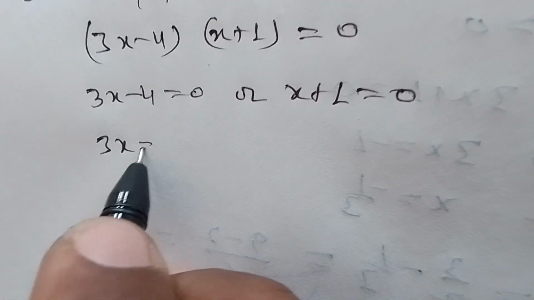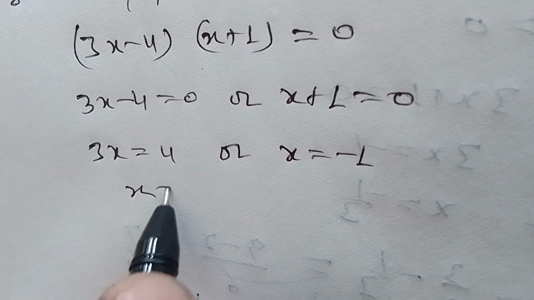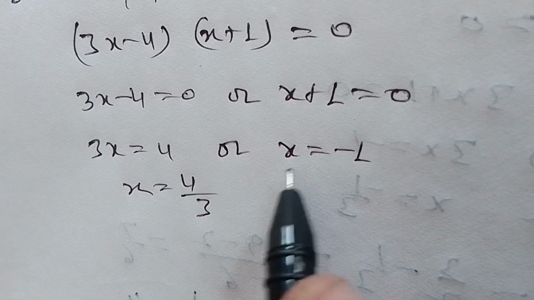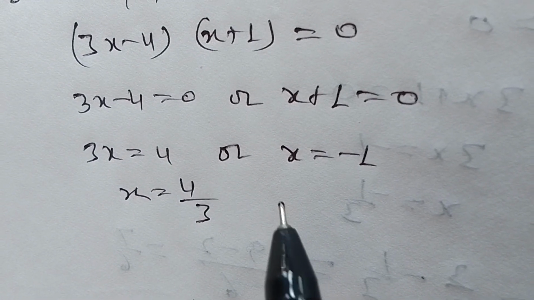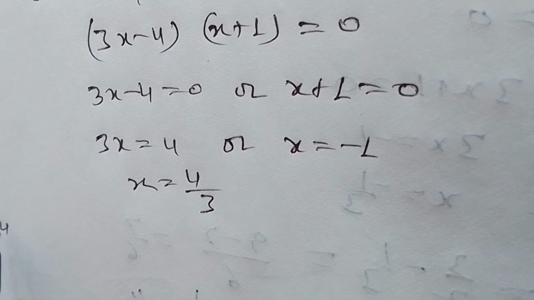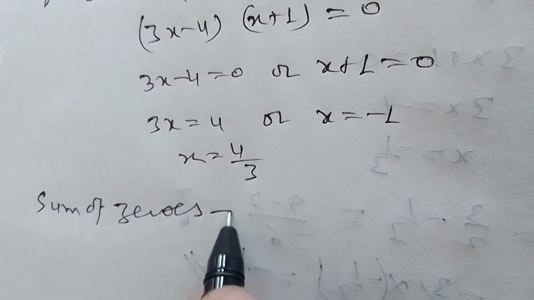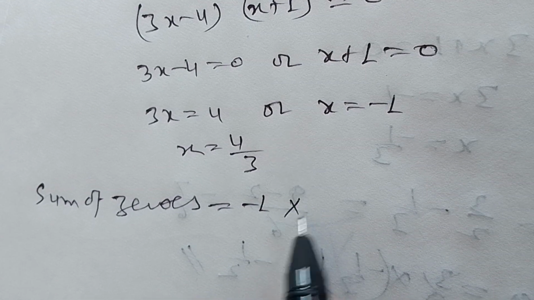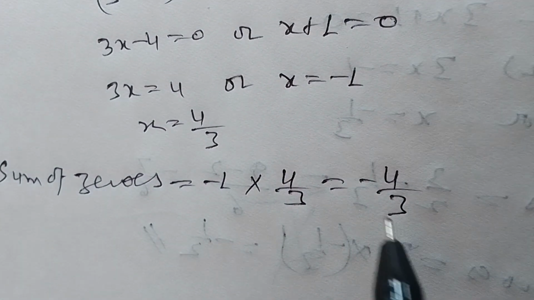So 3x is equal to 4, so x is equal to 4 by 3, or x is equal to minus 1. So these two answers have come. Now we will calculate the sum of zeros as minus 1 plus 4 by 3.